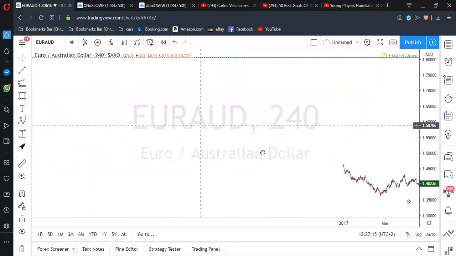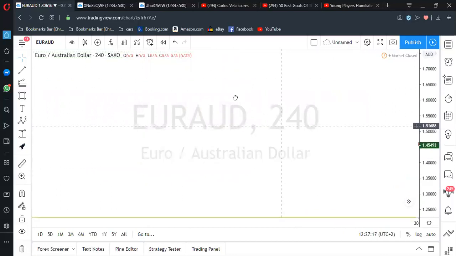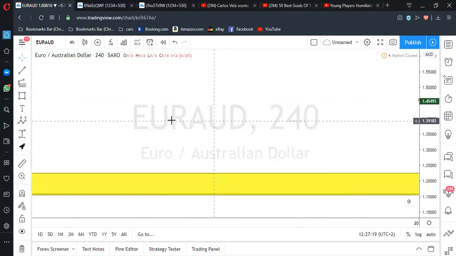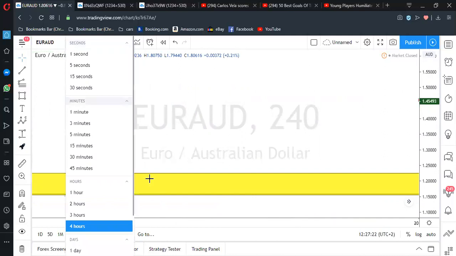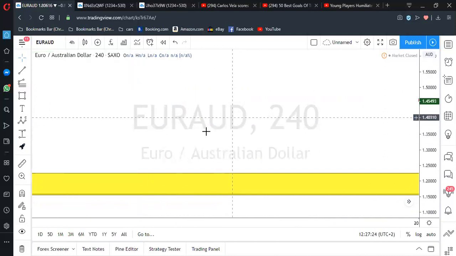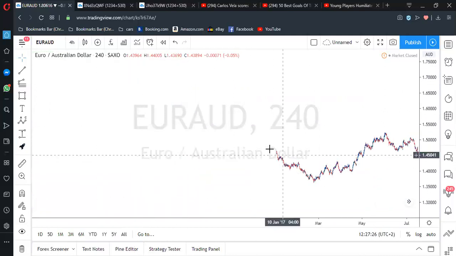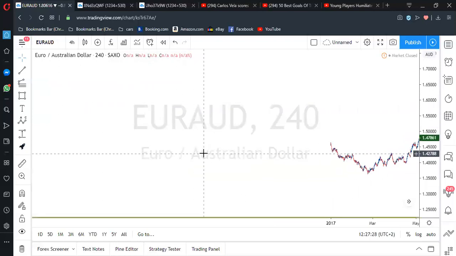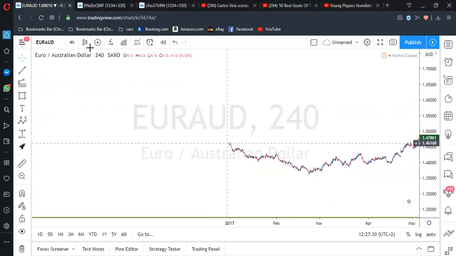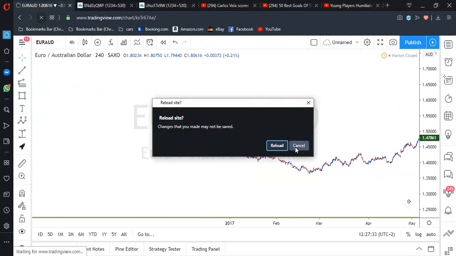I don't know why it's taking long, but it should start showing all these candlesticks all the way down there. Let me try to refresh my page and see.